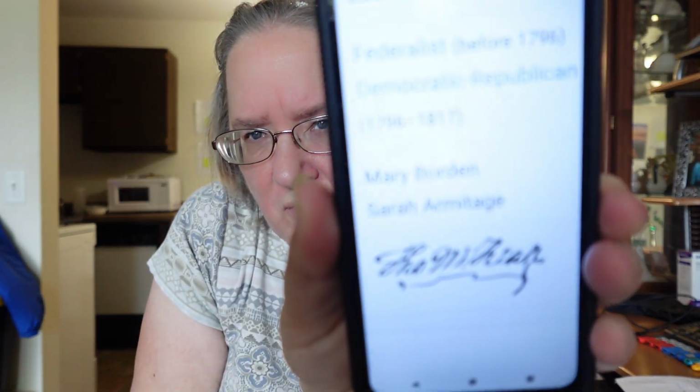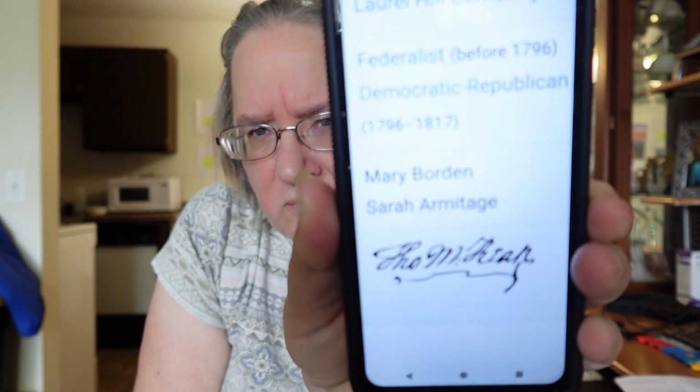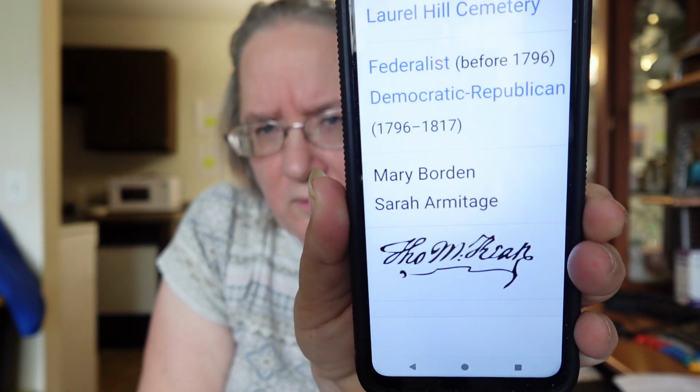He has quite an interesting signature. I don't know how well you can see that, but there's his signature. Trying to keep the glare off the camera. So he was in office from July 10th of 1781 through November 4th of 1781.